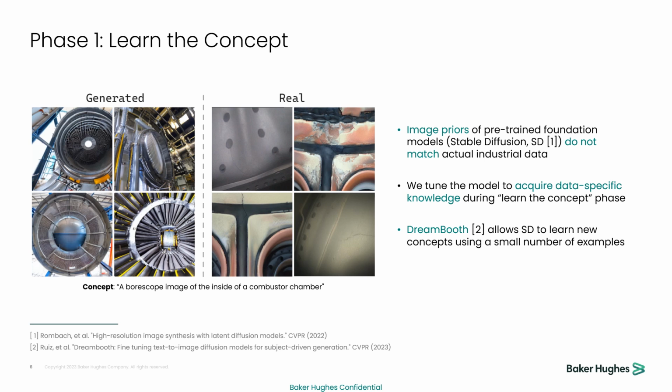It's evident that directly using pre-trained image priors for generating industrial data is not feasible. So, we adapt the foundation model to learn the new concept represented by the data of interest. We do that with DreamBooth, which allows Stable Diffusion to learn new concepts while preserving prior knowledge about generic image appearance and avoiding catastrophic forgetting.